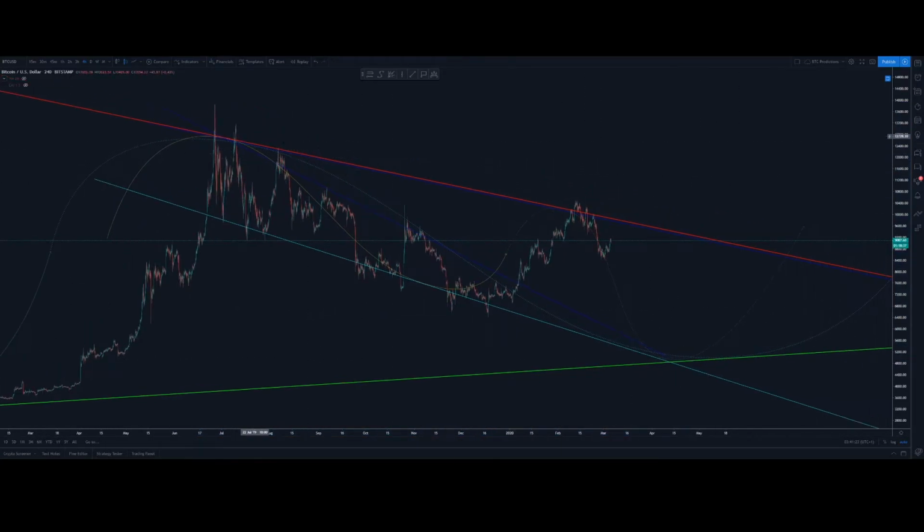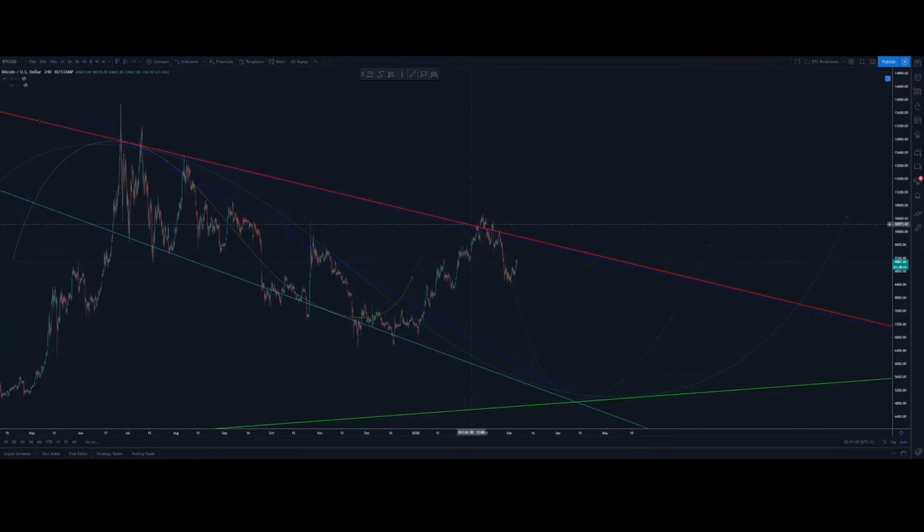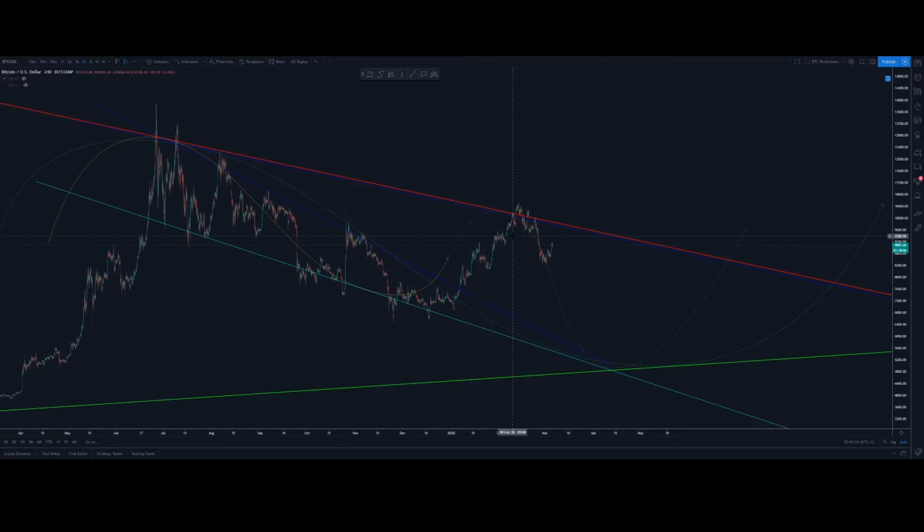As you can see, this was a falling wedge pattern formation, which broke out to the upside, obviously. But finding resistance over here, getting rejected by the bears, and now heading towards perhaps retesting the support.